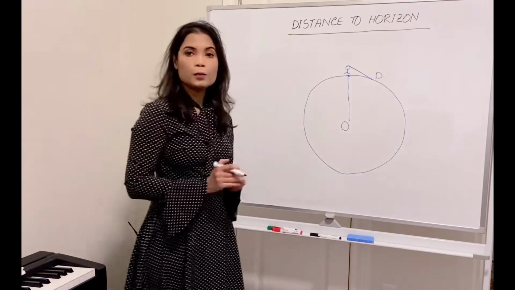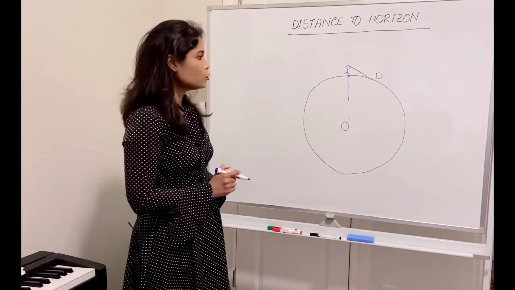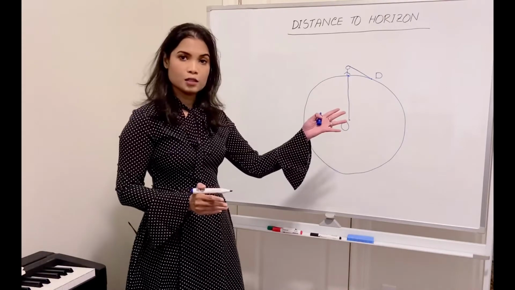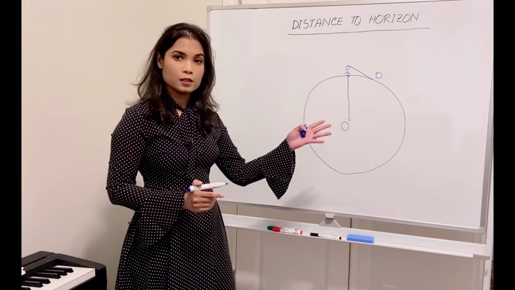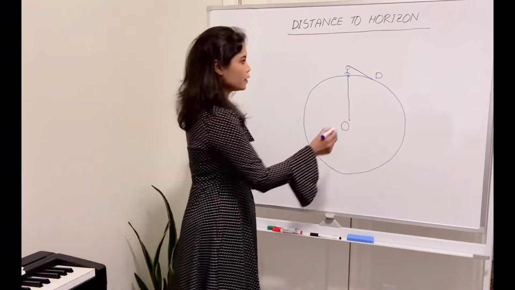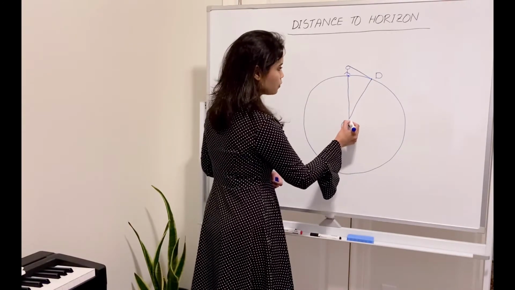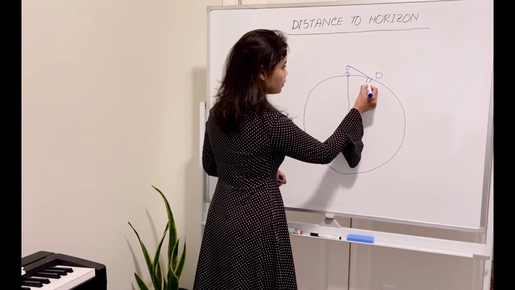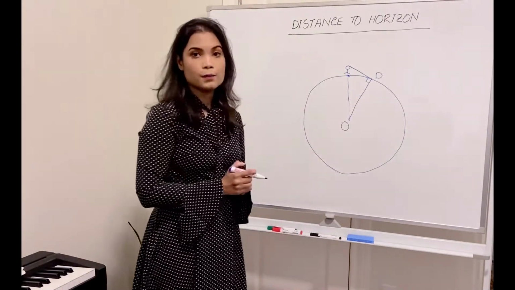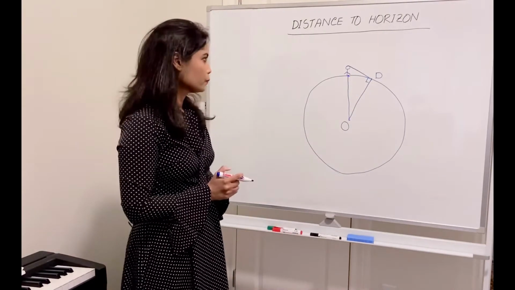Now you all know by the rule of geometry, if you try to draw a tangent wherever it touches the circle, it actually creates a right angle if you extend that line up to the center of the circle.